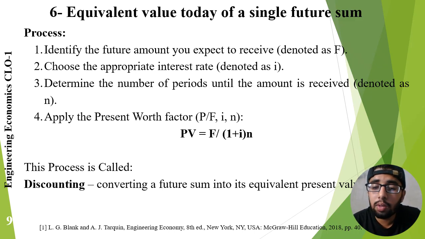And finally, we apply the present value formula to calculate the equivalent value today. This process allows engineers to compare future benefits with present costs. Without discounting, project evaluations could be misleading. Discounting is one of the most fundamental tools in engineering economics and project finance.